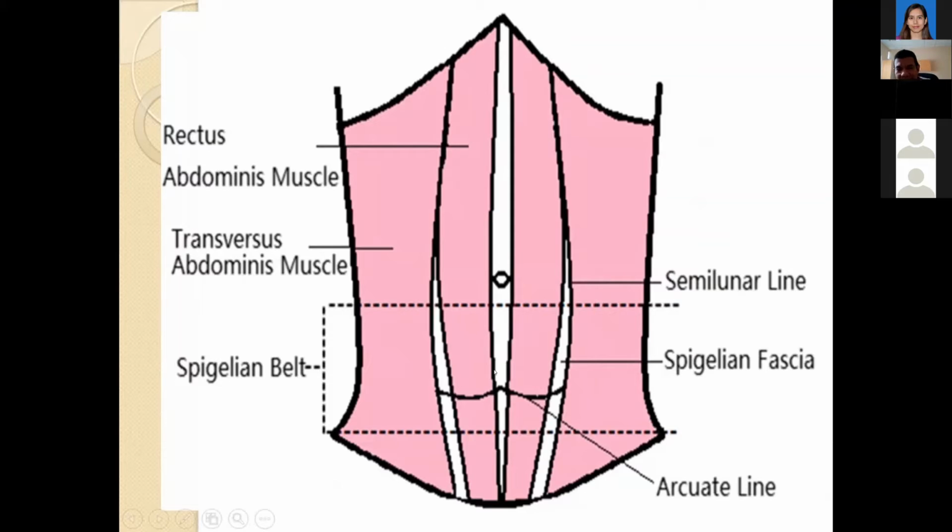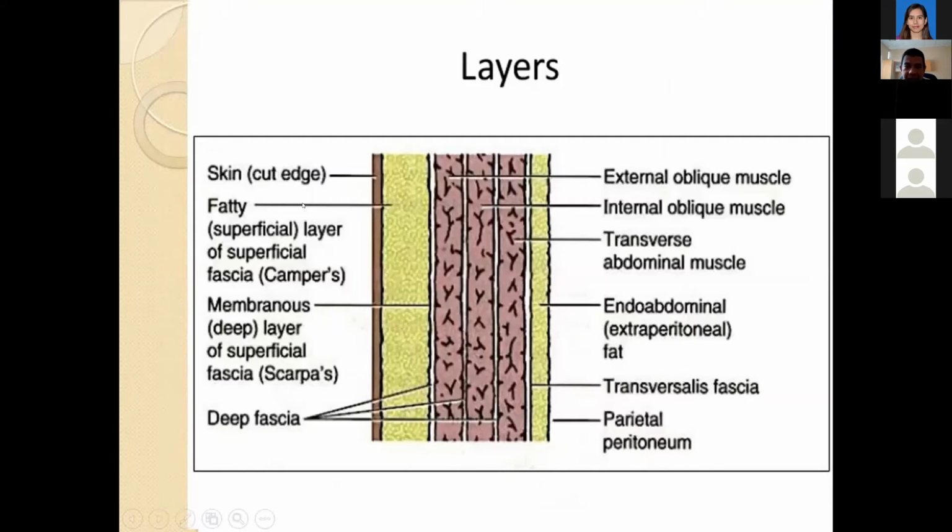When a patient has a defect here, you should know this patient has a spigelian hernia. This is also the line that marks the difference between the area where you have two layers of anterior abdominal muscle and where you have one layer when you do an incision.